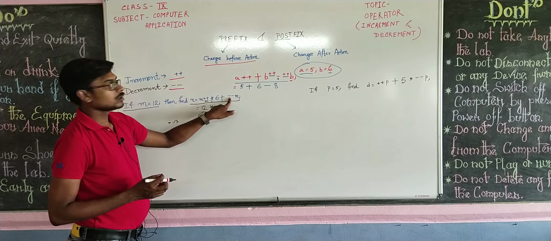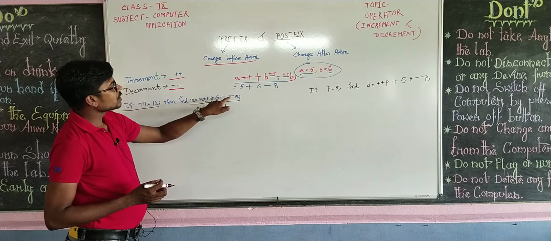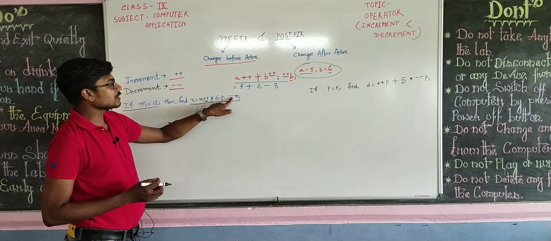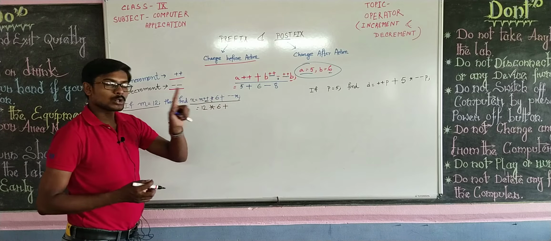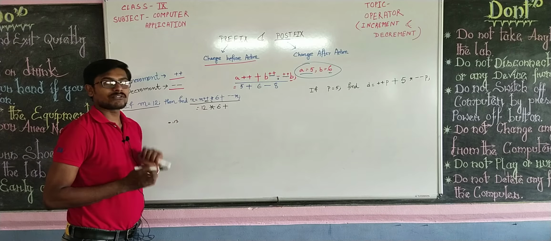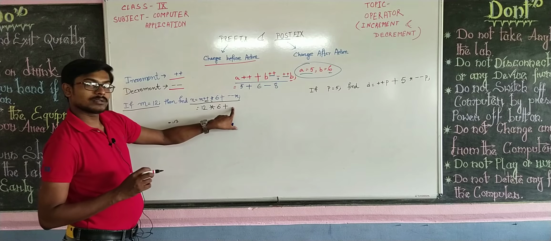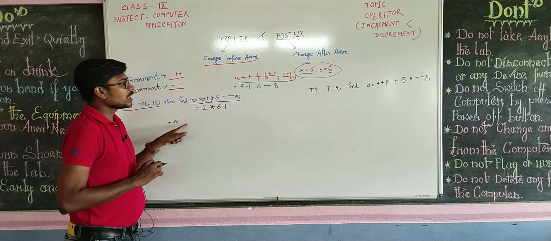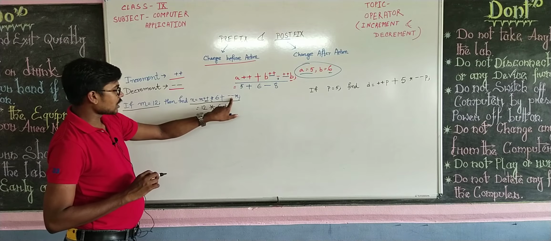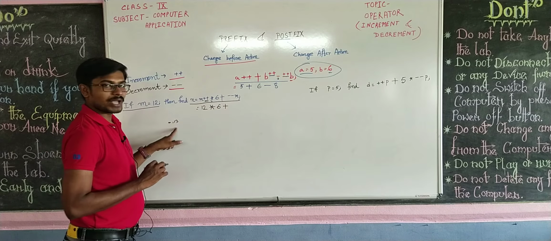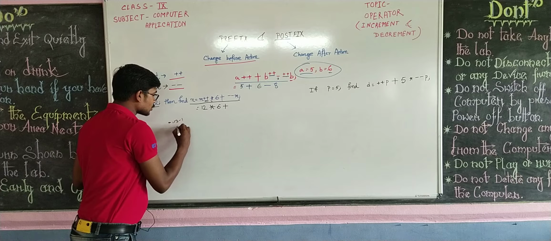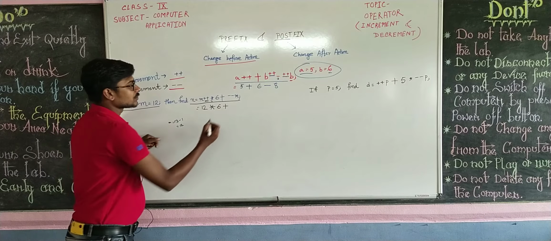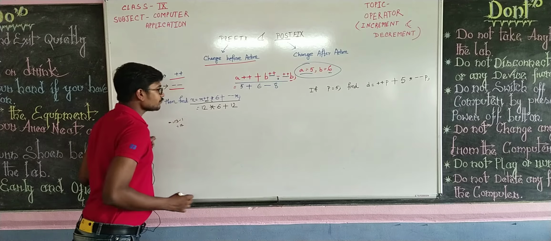It is also a prefix operator, that means we have to reduce 1 from the last value of m, then we have to write here. That means our last m's value is 13 and we have to subtract 1 from this last value. So 13 minus 1 equals to 12. So now m's value is 12. We will write here 12.